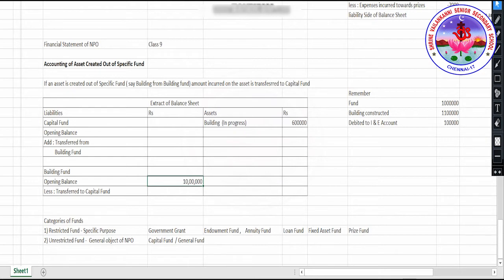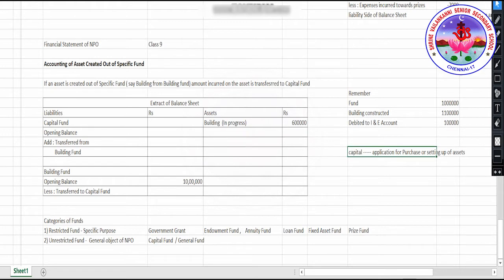Now, we all know that capital can be used for application, that is, can be applied for purchase or setting up of assets.